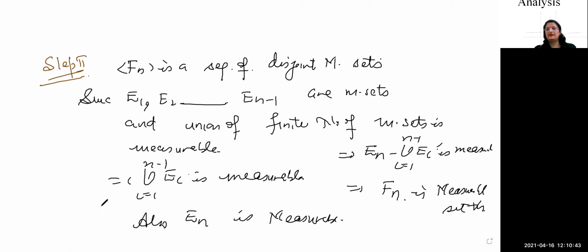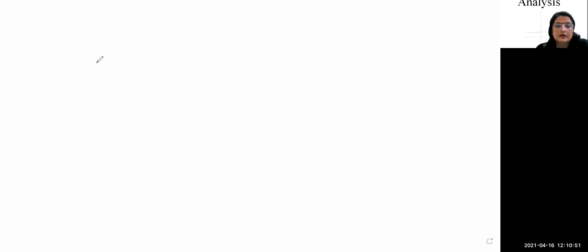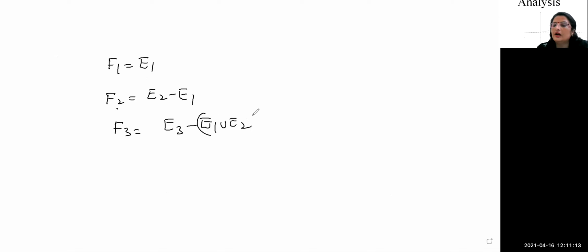So the first thing that we have proved is that Fn is a sequence of measurable sets. जिस तरह से हमने सेट को बनाया, from the formation of the set, F1 क्या है? E1, F2 क्या है? E2 minus E1. तो F2 के जो एलिमेंट्स हैं उसमें कोई भी एलिमेंट E1 का नहीं है, ठीक है? F3 में कोई भी एलिमेंट E1 यूनियन E2 का नहीं है.